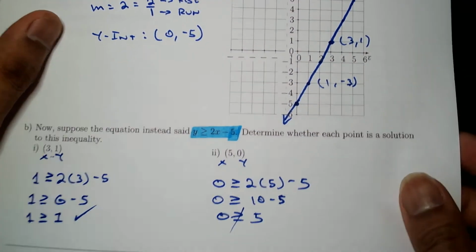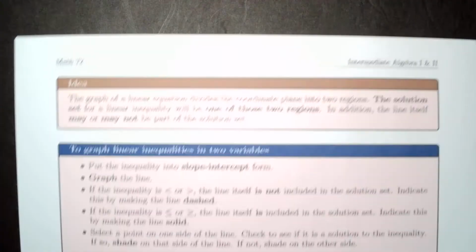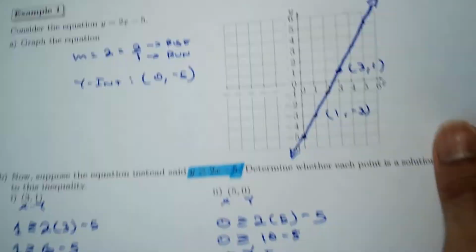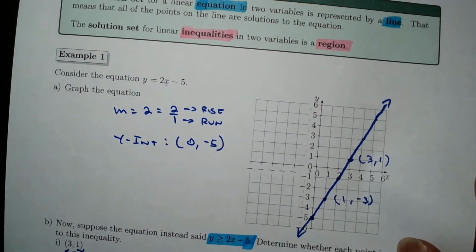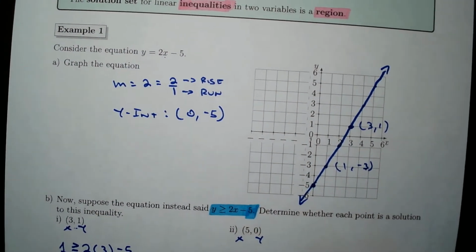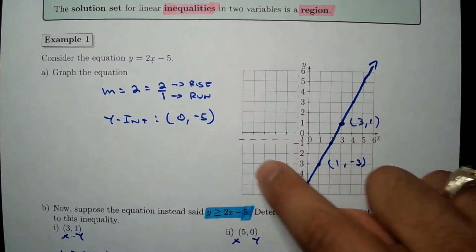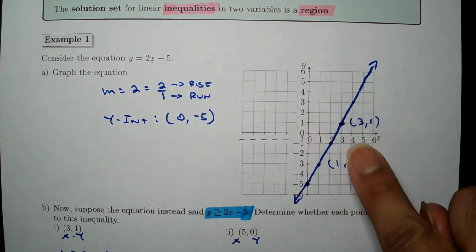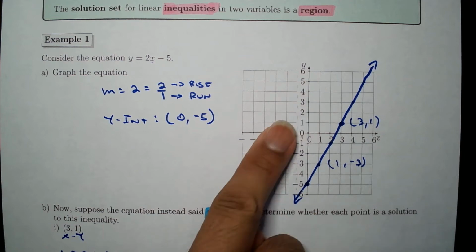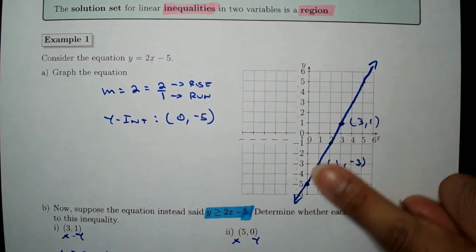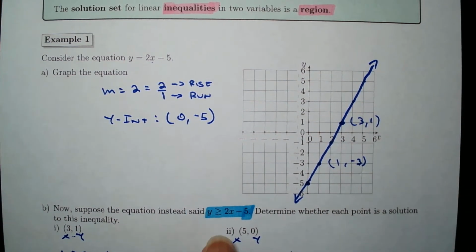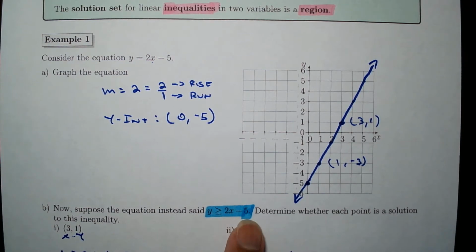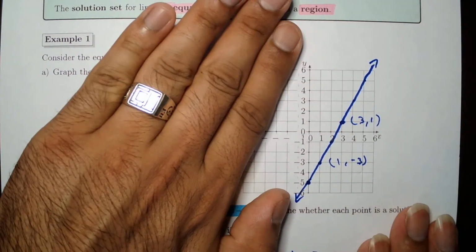Alright, but how are we going to represent these solutions? As you could see from the previous picture, this line is going to divide the Cartesian plane into two regions: one region above the line and another region below the line. The inequality y greater than or equal to 2x minus 5 will represent all the points that are above.